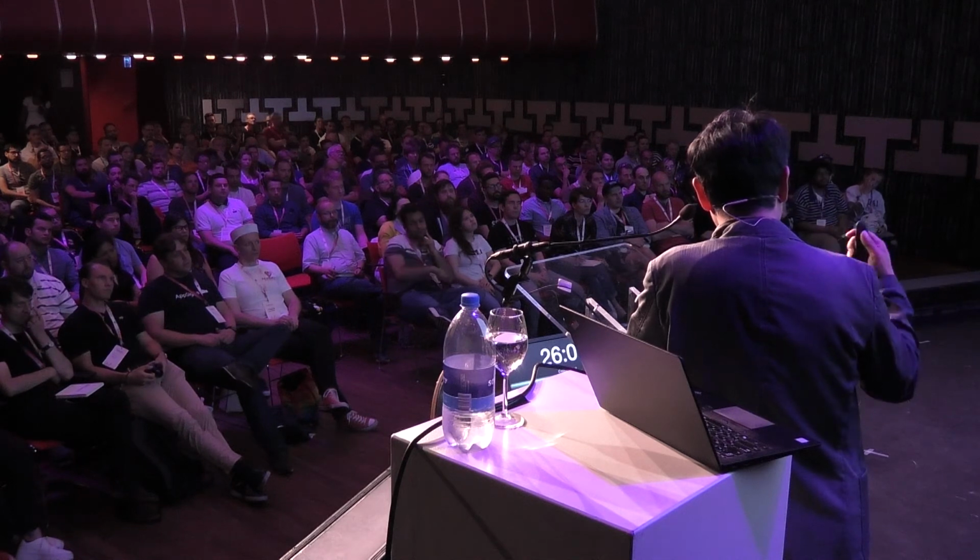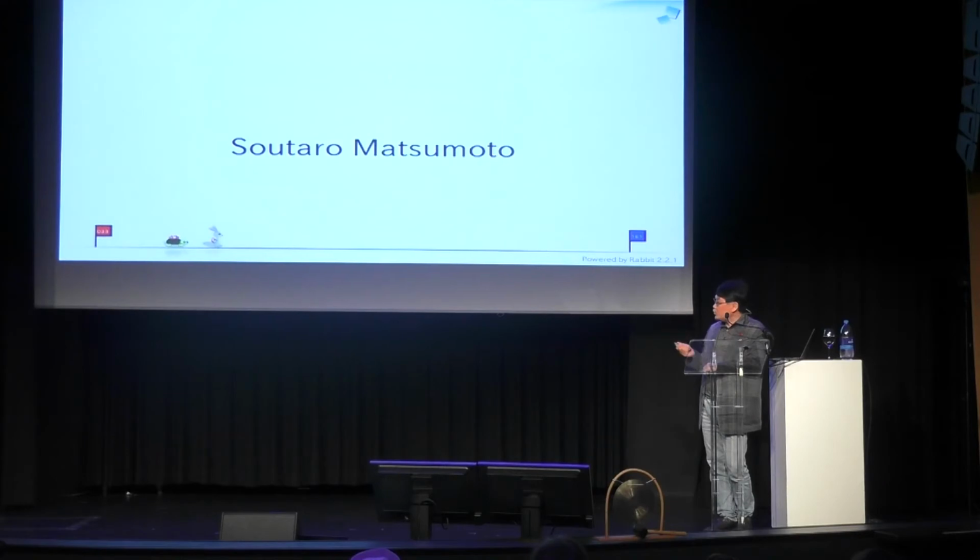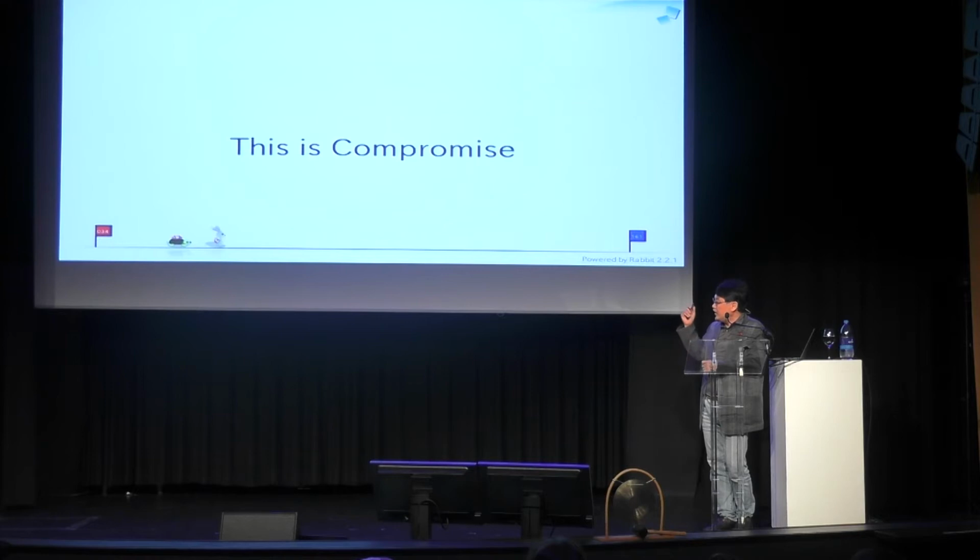For the type definition syntax, a guy named Sotaro Matsumoto, he's not my relative, but he's a smart guy, and he wrote his PhD paper on static type checking in the Ruby language. He abandoned the idea once, but this is his third try.